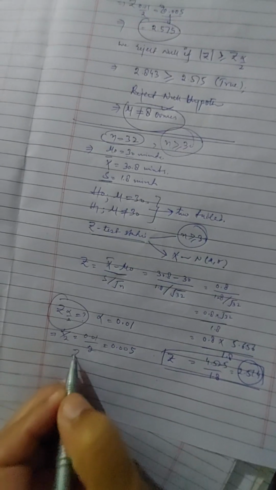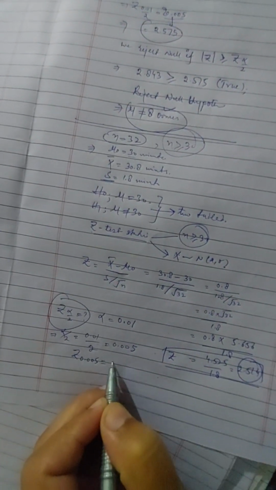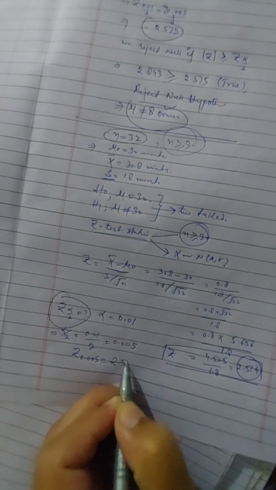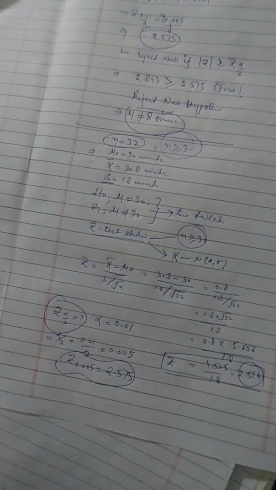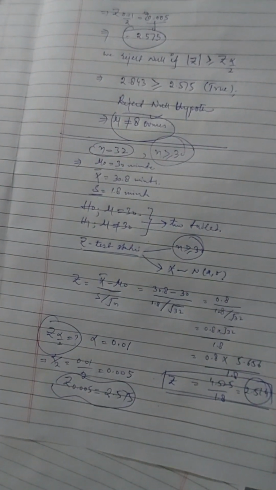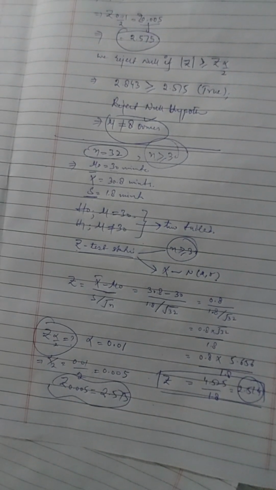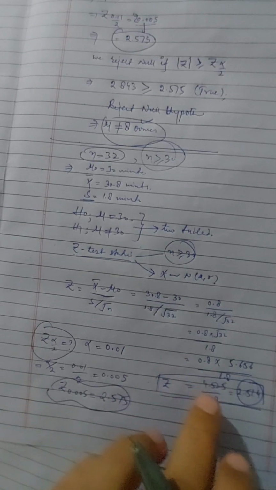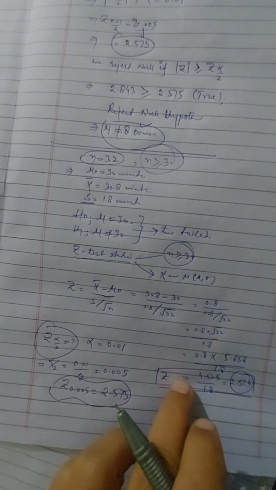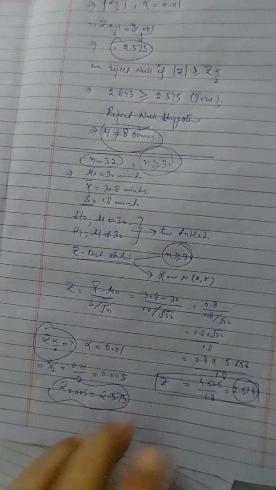So z of 0.005 is actually 2.575. Okay, so we have a criteria to reject or accept the null hypothesis. So we must write the criteria and see if this z value is following that criteria or not.